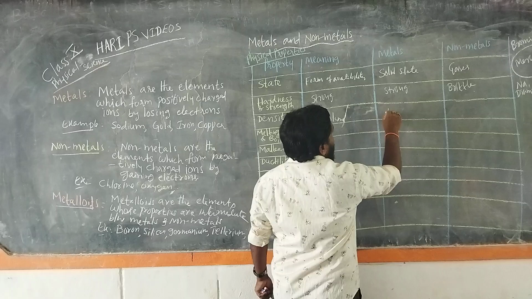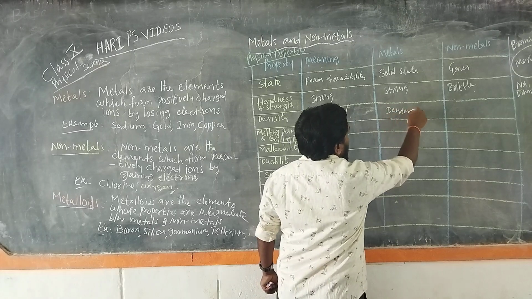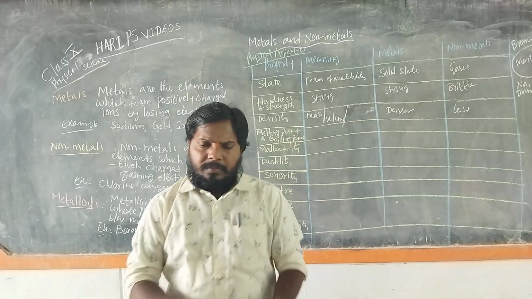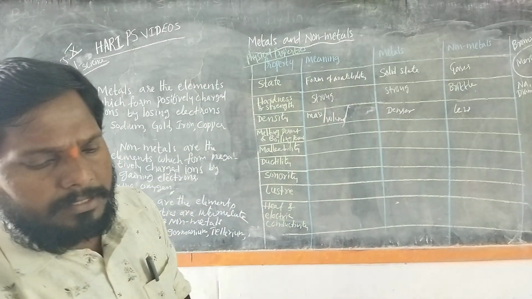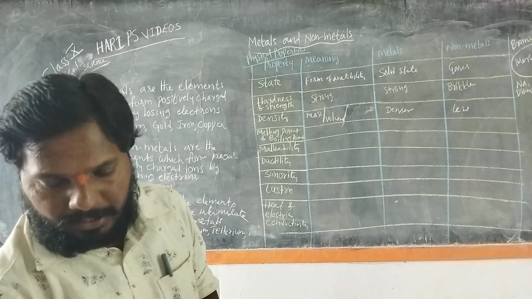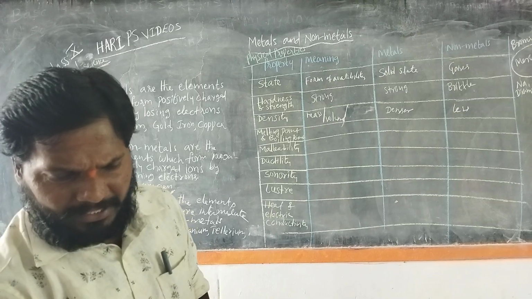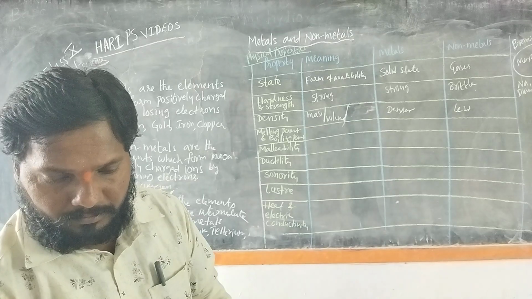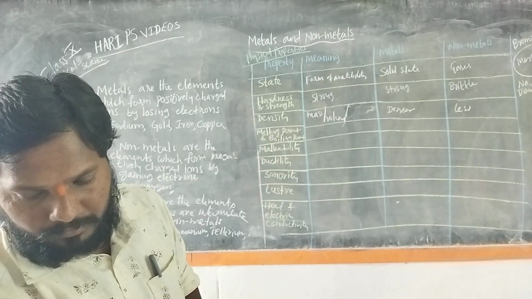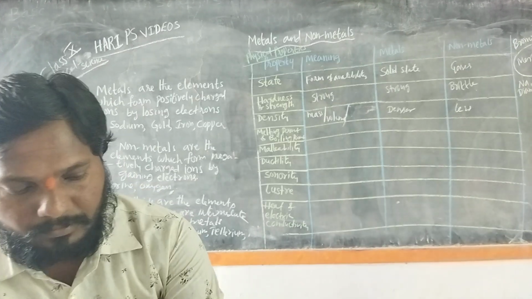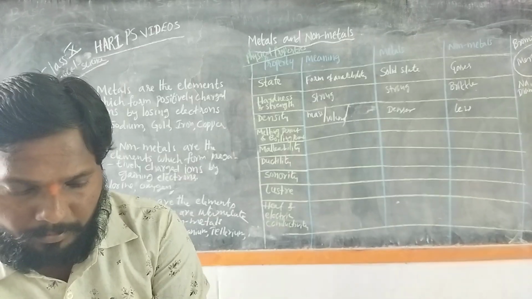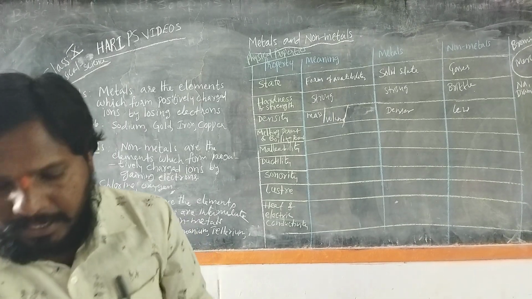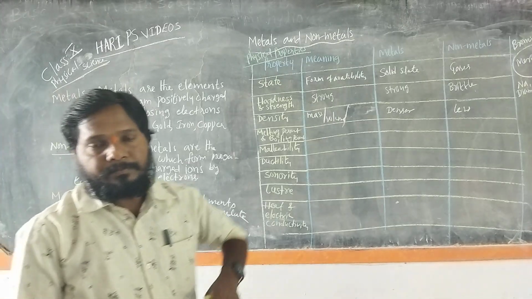So metals are generally denser, whereas non-metals are less dense. In physical properties, metals have high density. Metals have high densities except sodium and potassium.